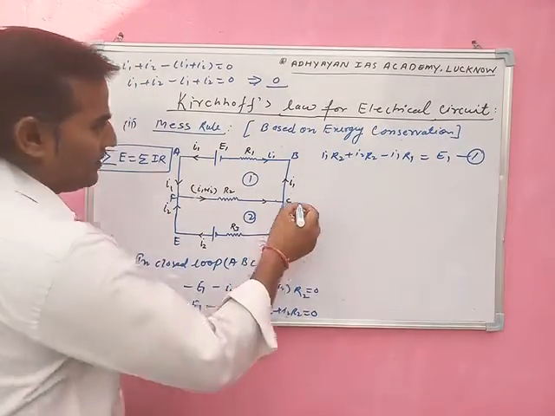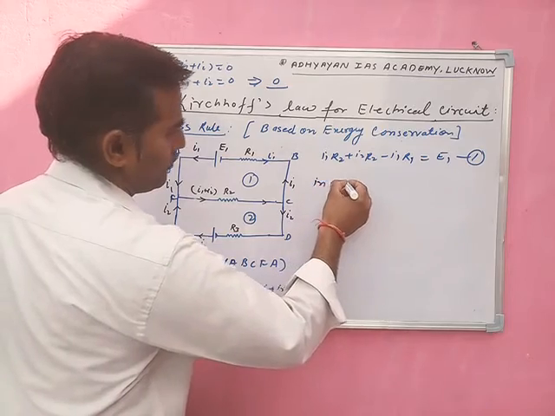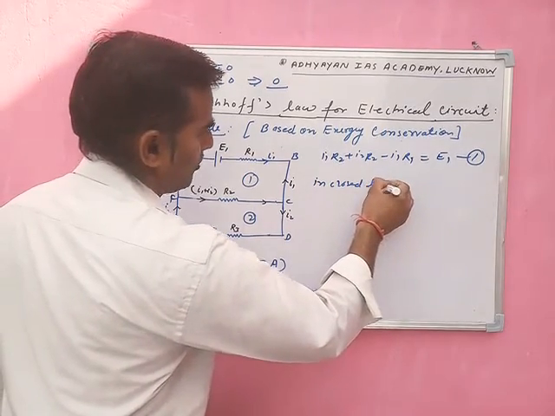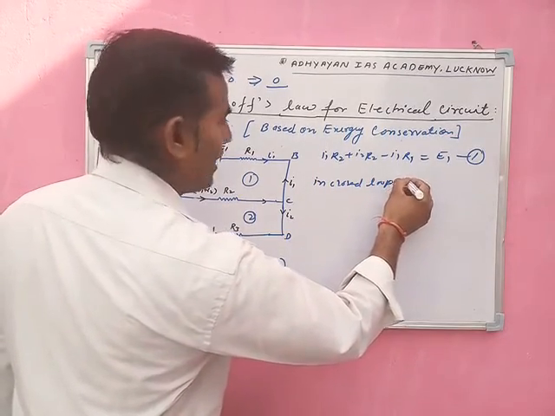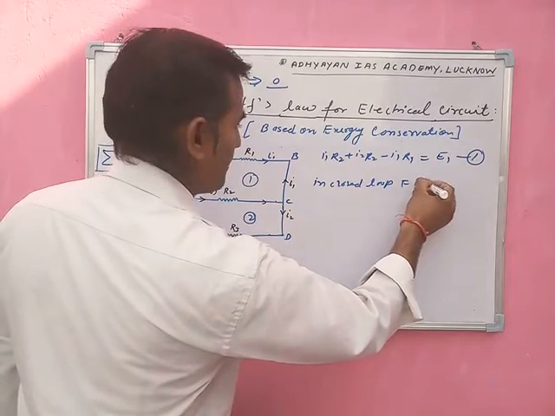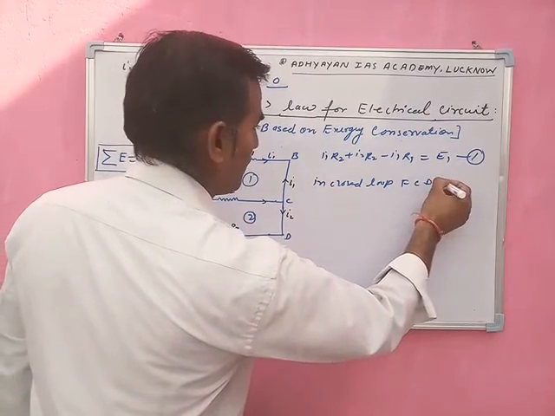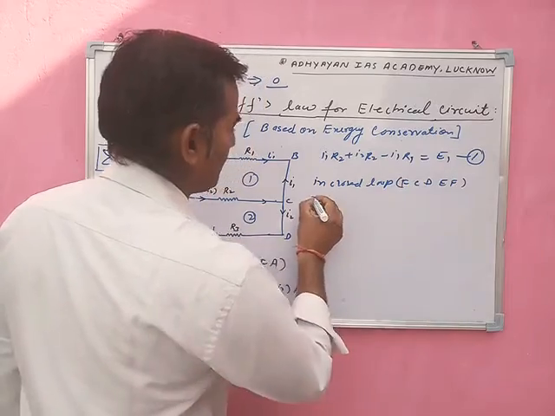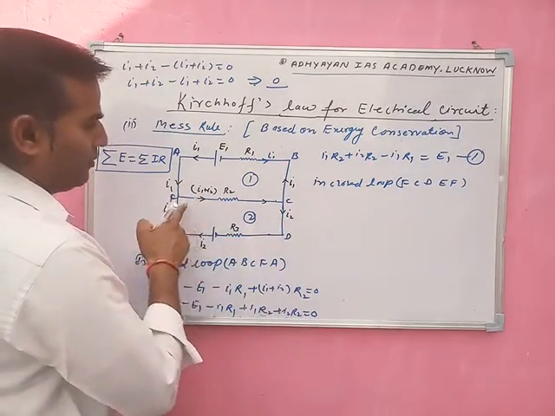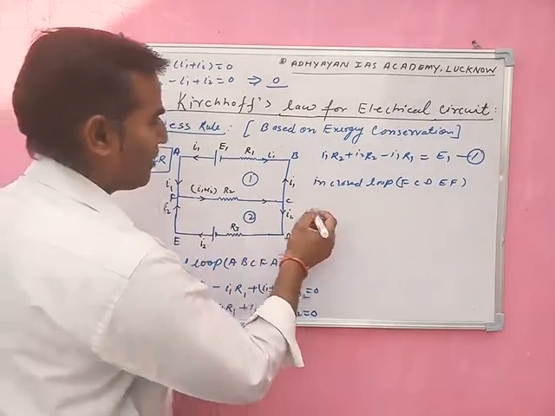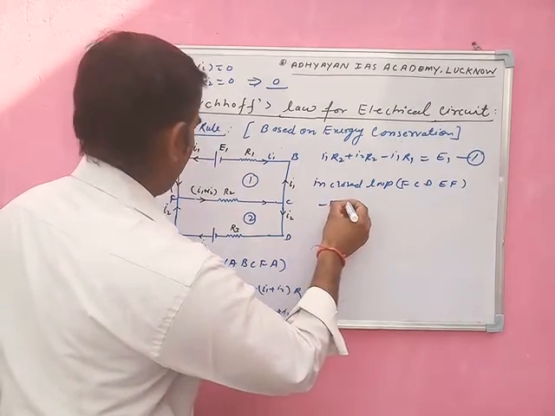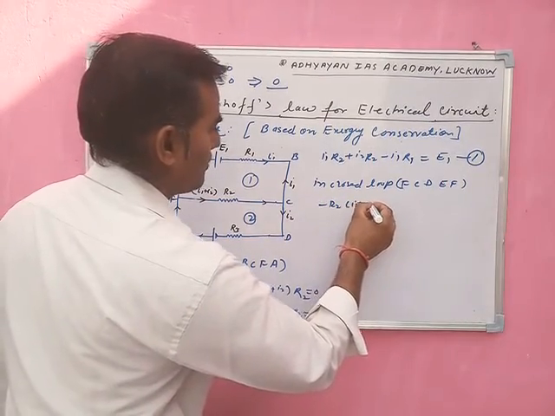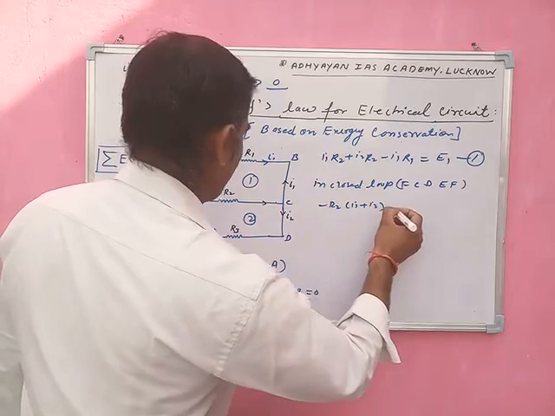And in the closed loop or mesh F C D E F, we are going along the direction of current on R2, so minus R2 (I1 plus I2).